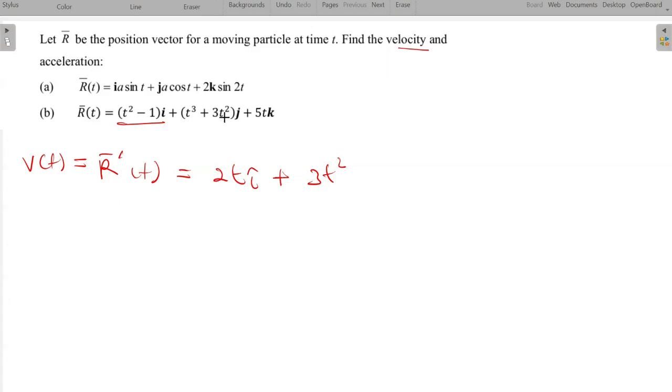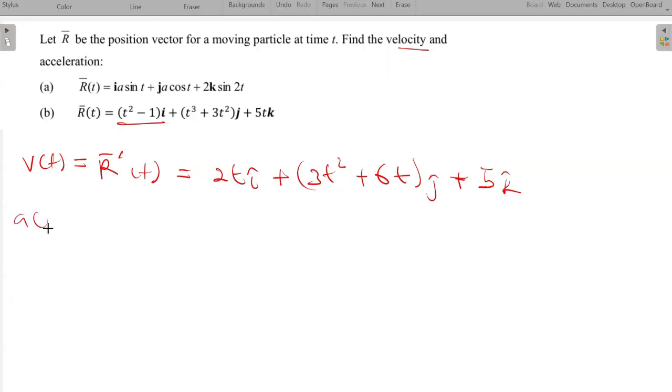Then this here, that will be plus 6t, like that. So this is for the j component. Then the last part, I differentiate 5t, I just get 5. That's for the k component. So this here is our velocity.